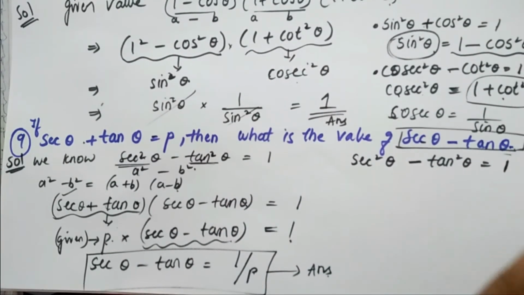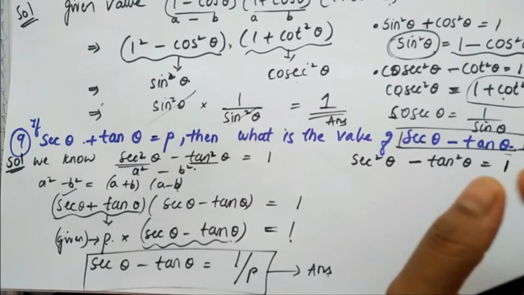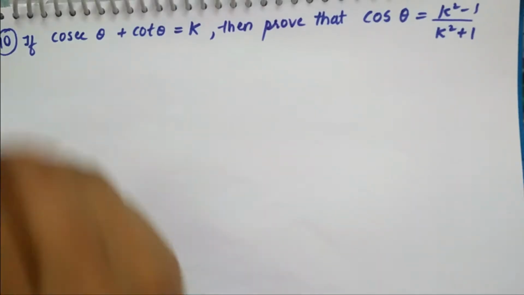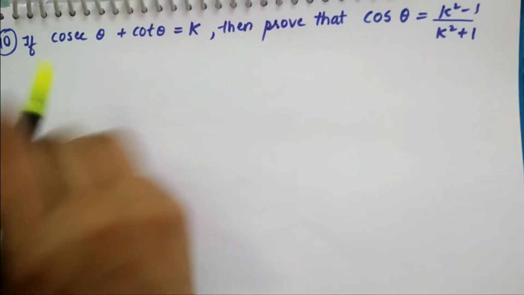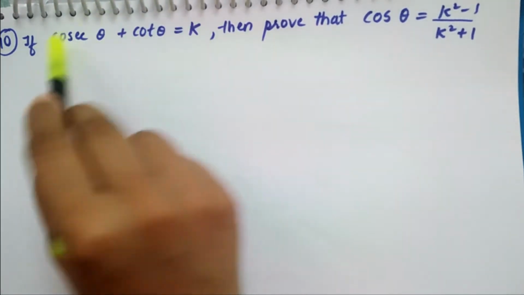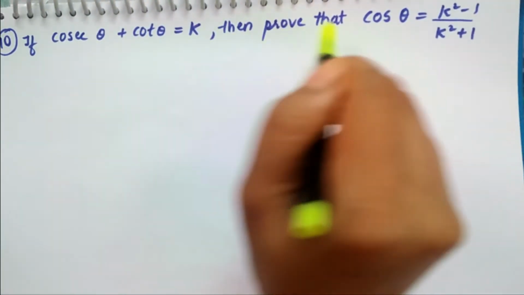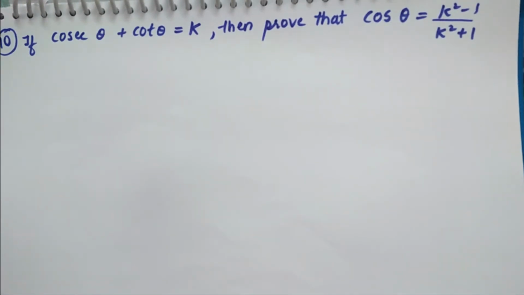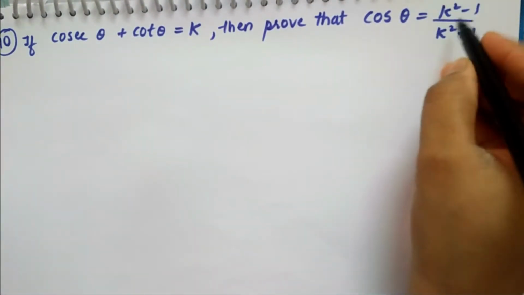Okay, now the last problem of trigonometry, the 10th one. If cosecant theta plus cot theta is k, it is saying that the overall value is k, then prove that cos theta is equal to k square minus 1 divided by k square plus 1. So this is one of a kind.